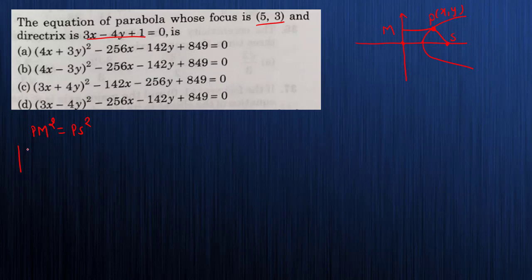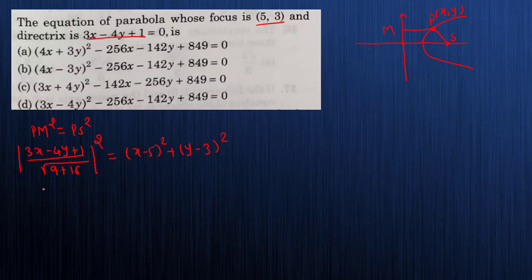So it becomes 3x minus 4y, substituting the values of P (x, y), plus 1, divided by root of 3 square which is 9 plus 4 square which is 16. Its square equals PS square, which is x2 minus x1 whole square plus y2 minus y1 whole square. Okay, so open this.